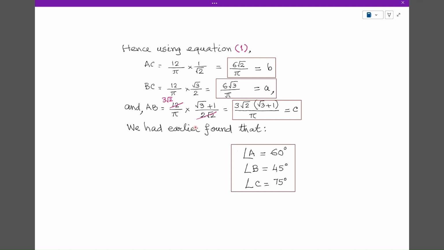So that works out to 3 root 2 multiplied by root 3 plus 1 divided by pi, and that is side C. We had earlier found that angle A is equal to 60, angle B is equal to 45, and angle C is equal to 75.